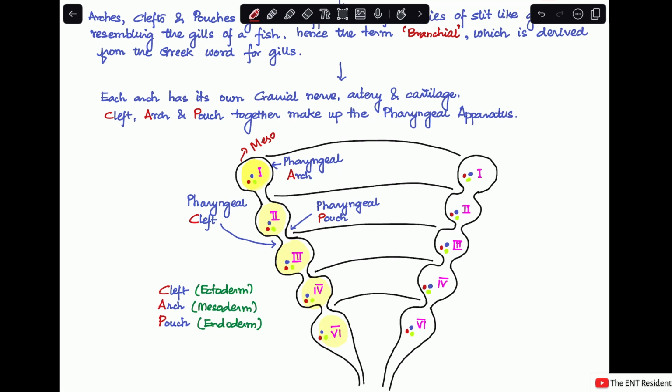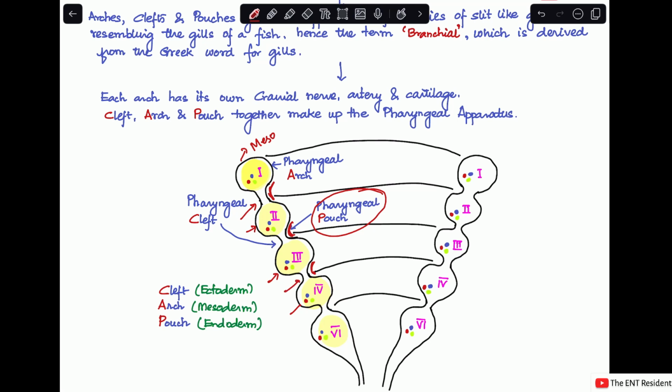Whereas now you'll see on the inner side of the arches, these areas, there are some evaginations of the endoderm. This is the endodermal lining. These evaginations form what is known as the pharyngeal pouch. And on the external surface of these pharyngeal arches is the lining of the ectoderm. And this ectoderm invaginates inside, that is, moves inside, and leads to formation of the pharyngeal clefts.